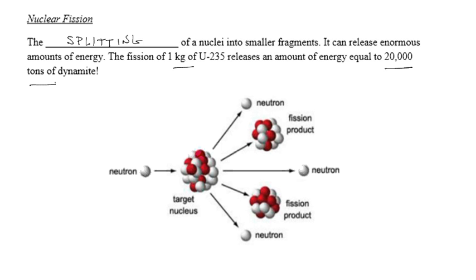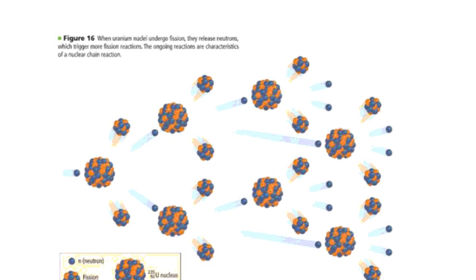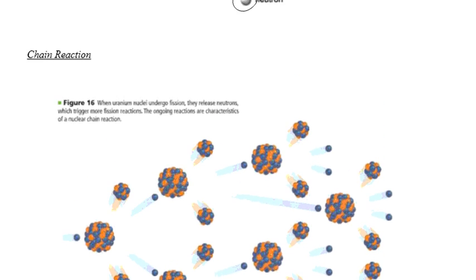We recognize fission as a neutron hitting a large nucleus, an unstable nucleus, that then breaks it apart into fission fragments. But more importantly, we recognize more neutrons. So these neutrons will then go off and hit other fragments, and we end up with what is called a chain reaction.